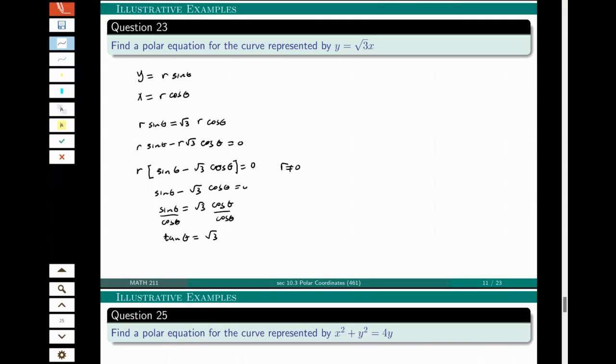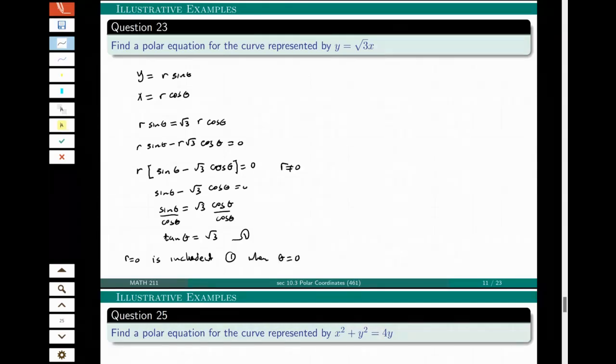is it included here in this angle? So yes, it is included. R equal to 0 is included in equation 1, and theta is equal to 0.